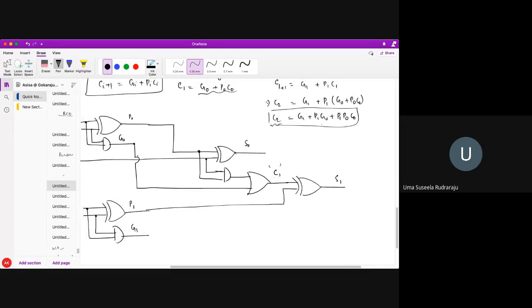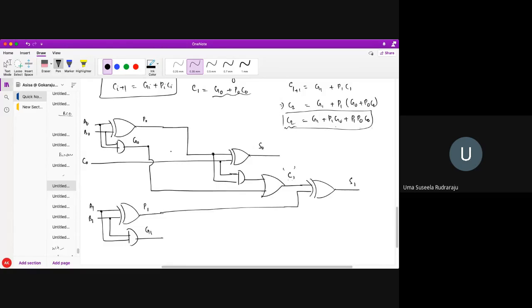So please see here G1, P1 G0. This is my G0, and this is my P1, giving P1 G0. Then P1 P0 C0. Where is my C0?